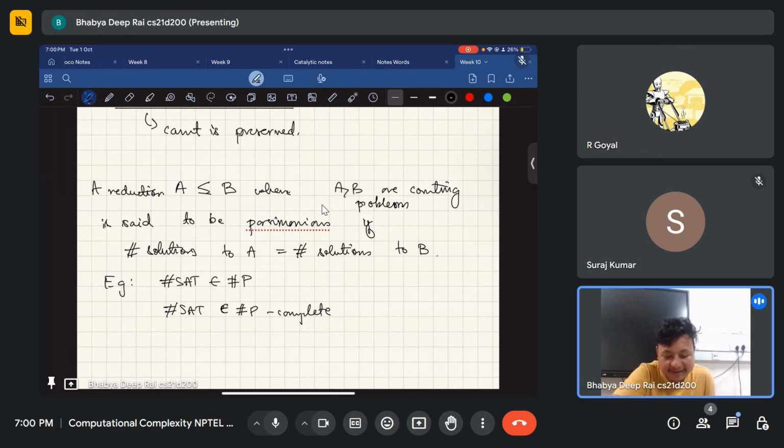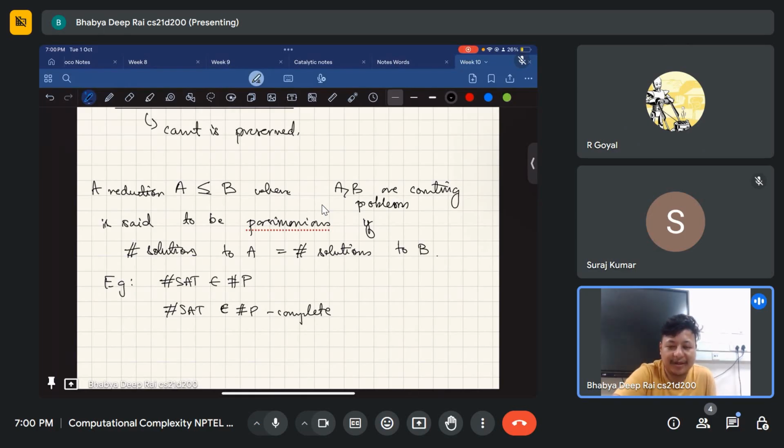The fact that #P is sharply complete, that it is sharply hard, is proved by using the Cook-Levin reduction.